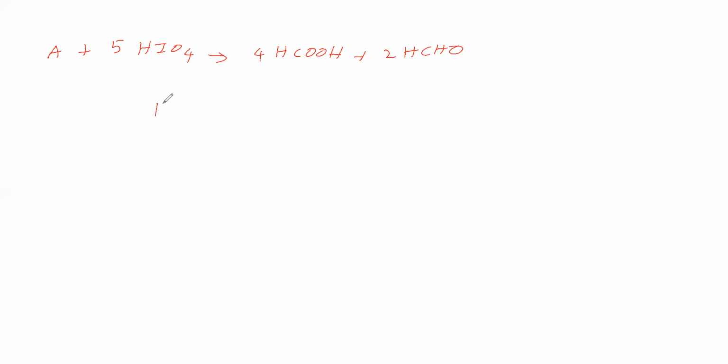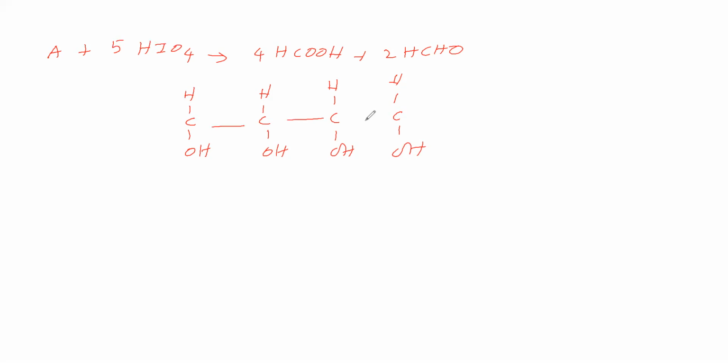Formic acid how many times? 4 times. Formic acid is from the CHOH group. The CHOH group gives formic acid. How many formic acid? 4 times formic acid. Therefore, we will write 4 times the CHOH group.